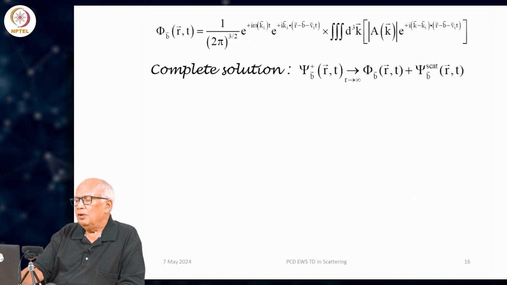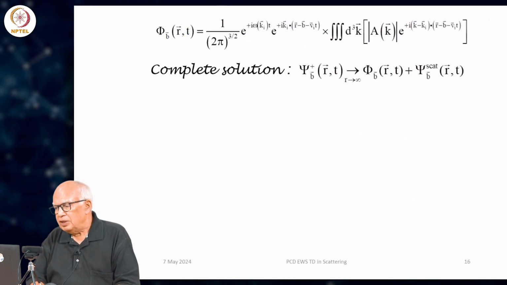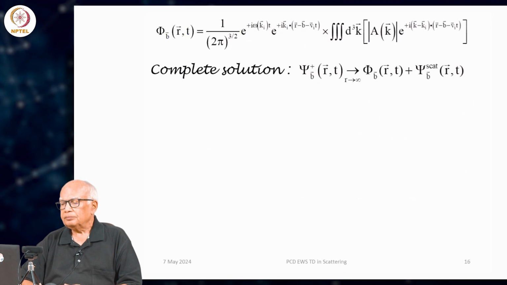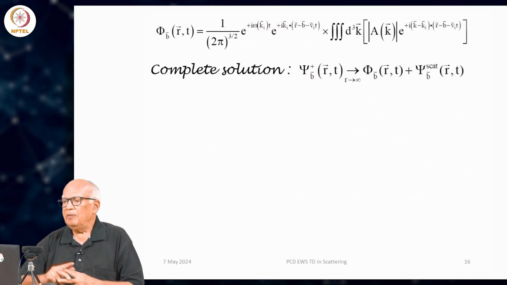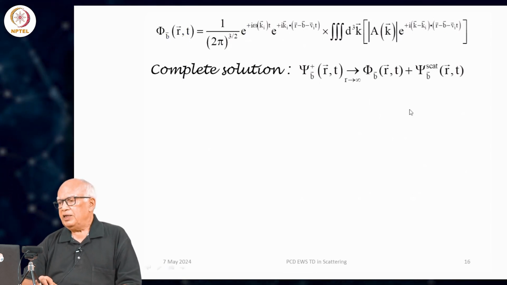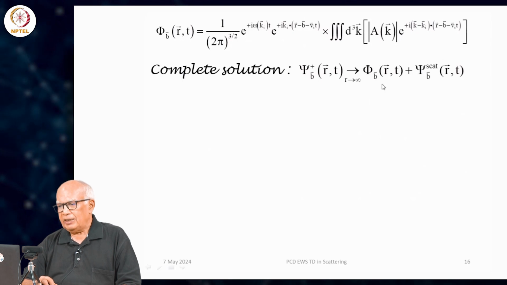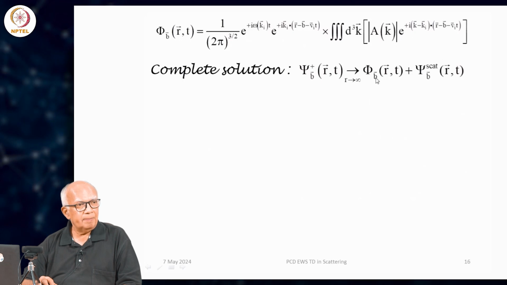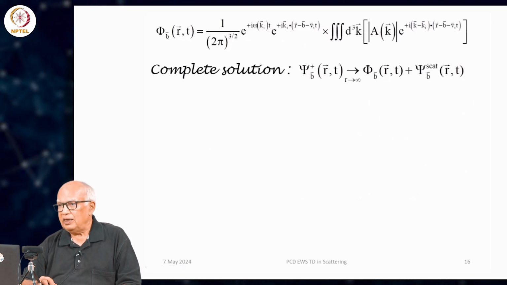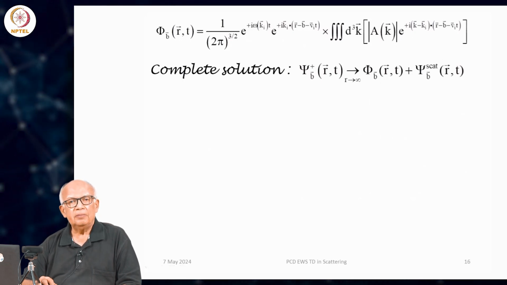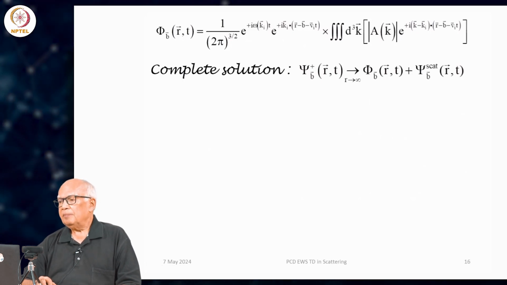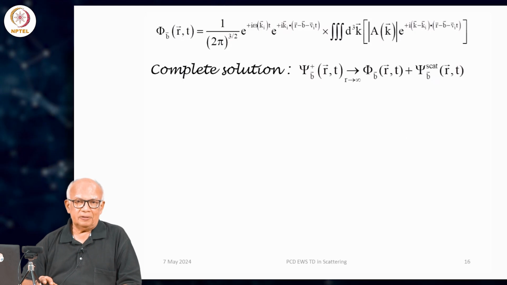and now we are going to discuss the complete solution to the scattering problem, which is the incident wave packet at an impact parameter b, which we have obtained an explicit expression for, plus the scattered part.